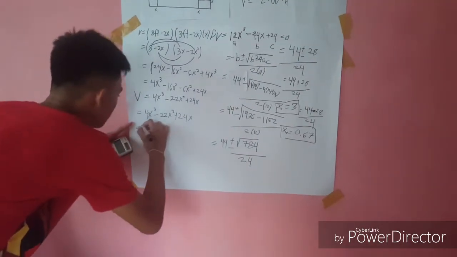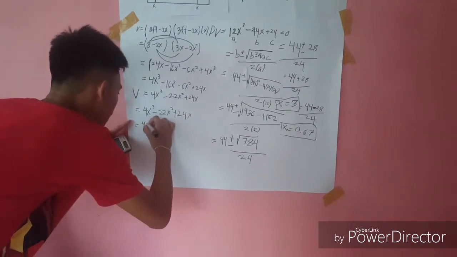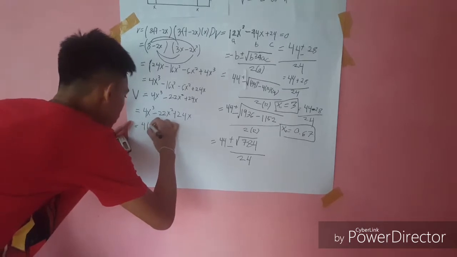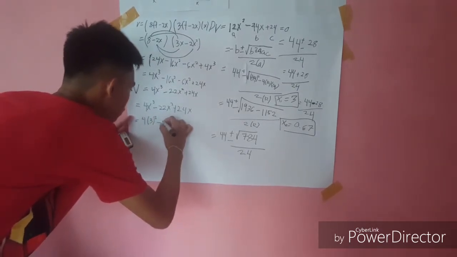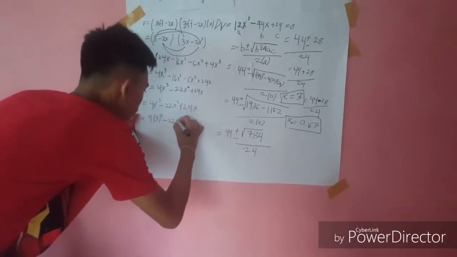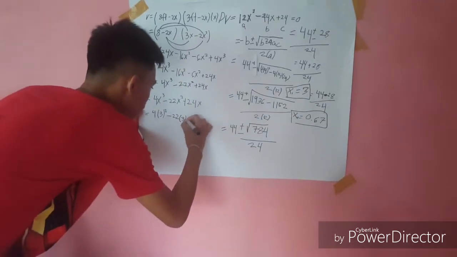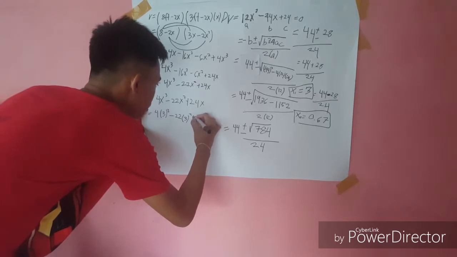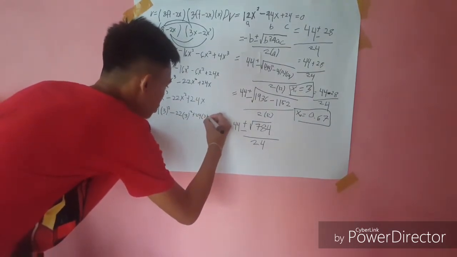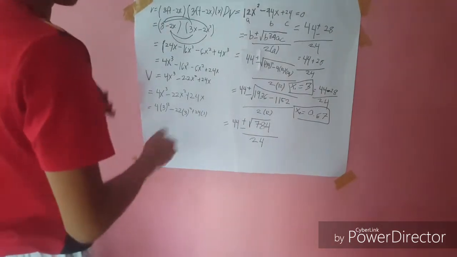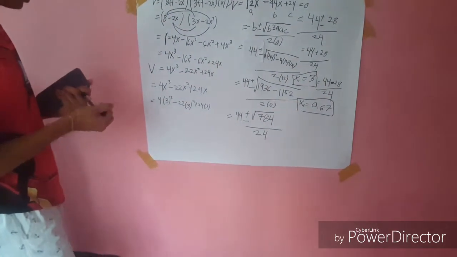So it becomes 4 times 3 cubed minus 22 times 3 squared plus 24 times 3.